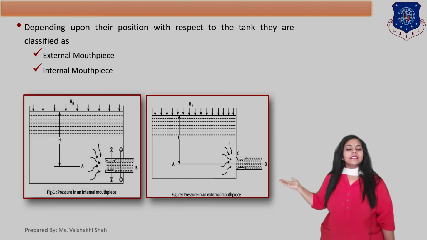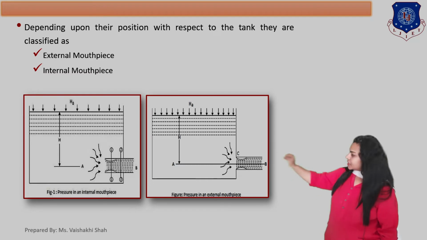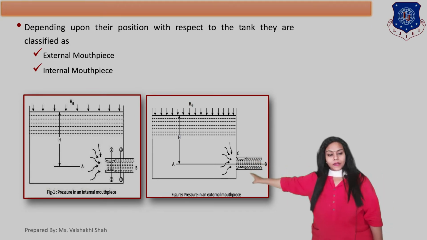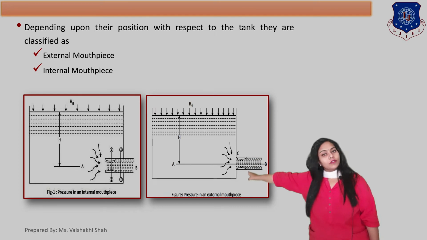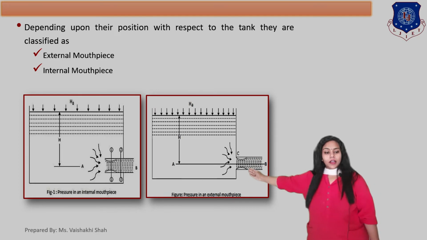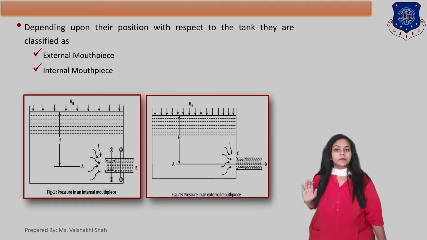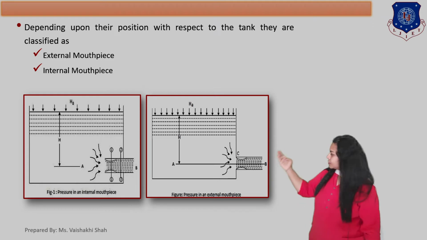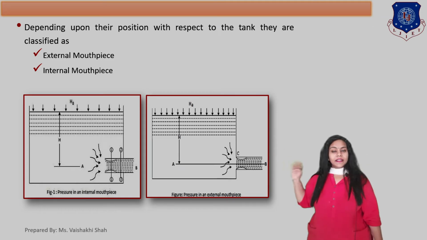So as you can see in this diagram, the mouthpiece is placed with an orifice in a water tank. The opening in the water tank is called the orifice, and we connect a pipe with the opening, that is your mouthpiece. As in the first diagram, the pipe is connected inside the water tank, so that is called your internal mouthpiece.